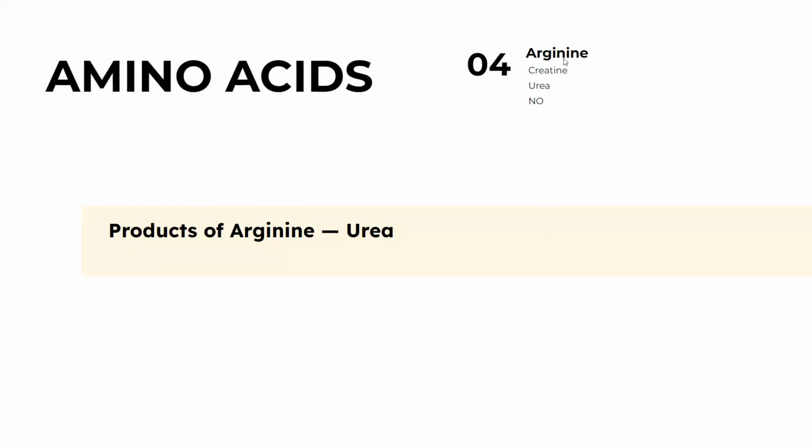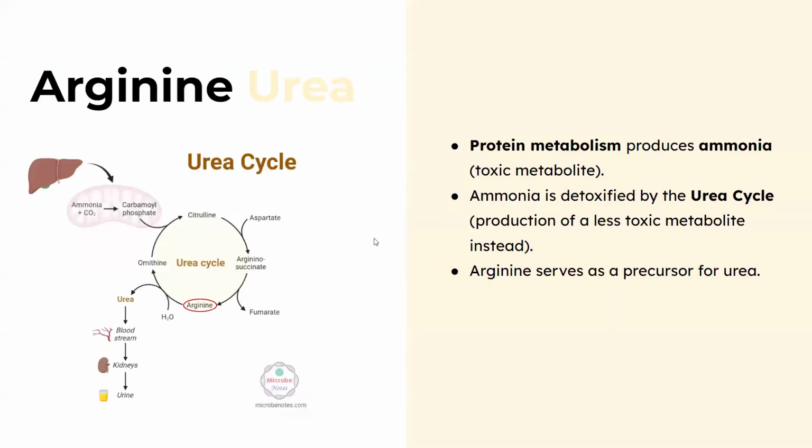Now for the products of arginine, we already mentioned creatine. So next is urea. So what is urea? First of all, normally when we are metabolizing proteins, when we're breaking down proteins, we get this really toxic metabolite that we don't want in our body: ammonia. We want to get rid of it or make it less toxic. So what our body does is that it detoxifies ammonia.